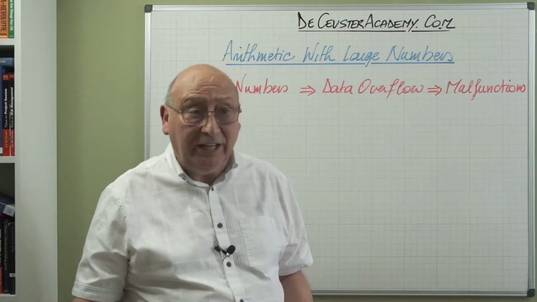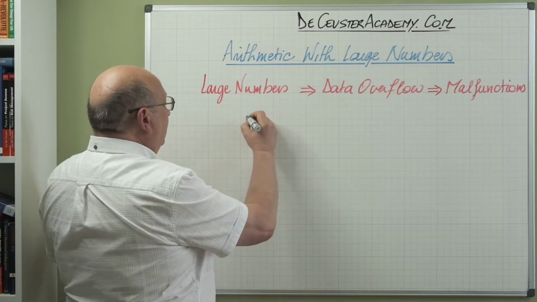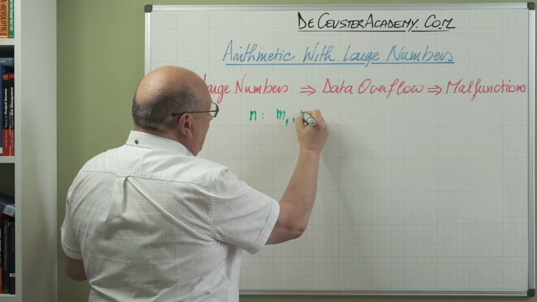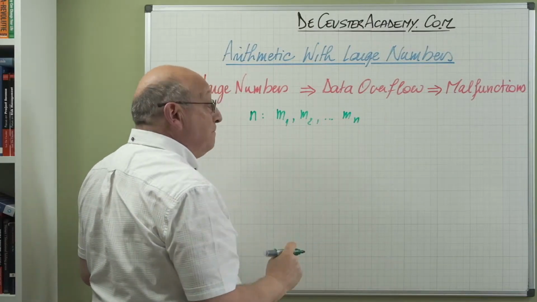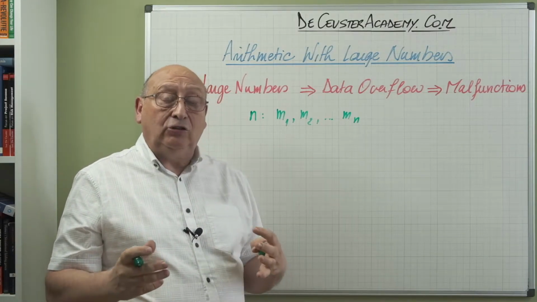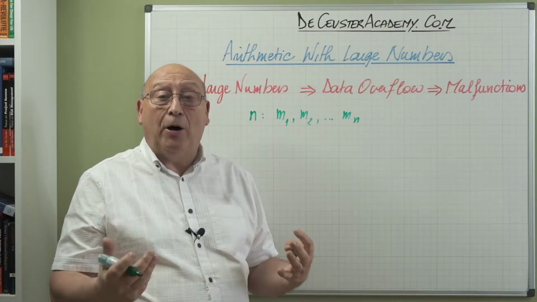And the first thing we have to do is to create or select n moduli, m1, m2, up to mn. And what we're going to do now is write those numbers as lists. We call them n-tuples.